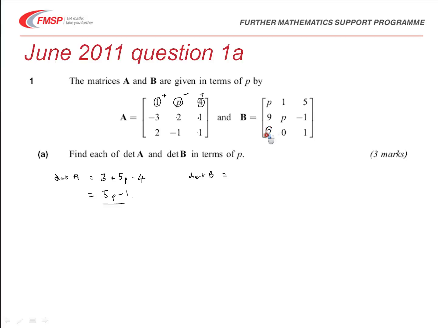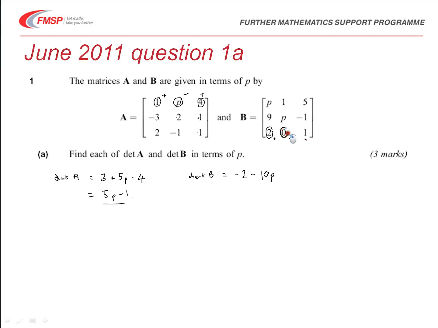So if we take 2 times whatever we've got with the 1, the negative 1, and the 5 and the p, so that's going to give us twice negative 1 and negative 5p, so that becomes negative 2 and negative 10p. Remembering that's plus, that's minus, and that's plus again in the grid.